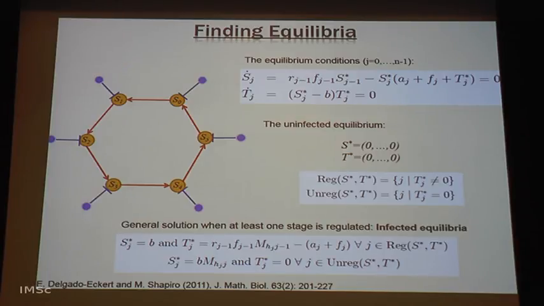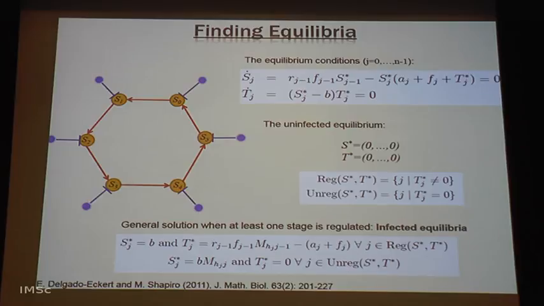The way of finding equilibria mathematically is that you say, if this is something stationary, then the time derivatives should be equal to 0. So you set your equations equal to 0, and then you solve. When you do this, you find one almost trivial equilibrium, which is the uninfected one. There is no pathogen in the body, and therefore there is no immune response that is specific to the pathogen.